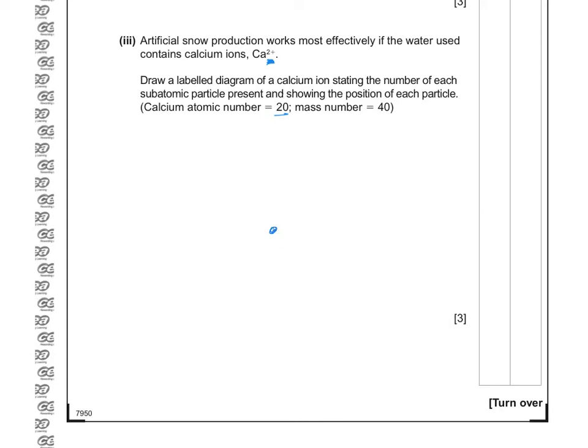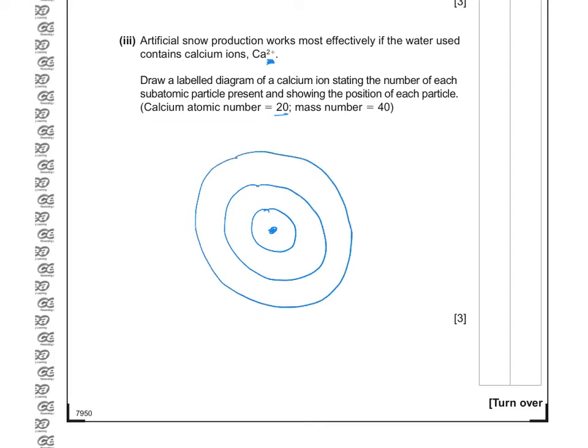I'm going to draw, here's my nucleus, first shell, second shell, and third shell. First shell will hold 2 electrons, then there will be 8 and 8 in the third shell.